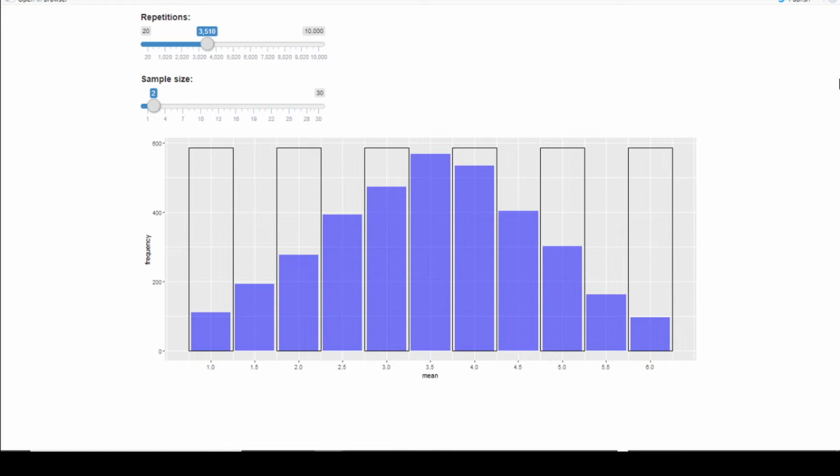So here you can see if I increase the number of samples, then the distribution of the sample means, the sampling distribution, follows this almost bell-shaped distribution. And what I want you to note here is that the mean of the sampling distribution is the same as the mean of the population, namely 3.5. So what I'm going to change next is I'm going to increase the sample size.